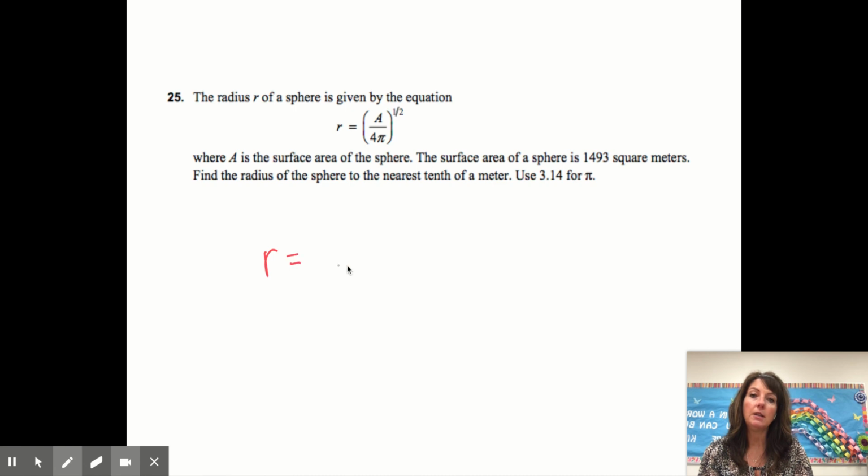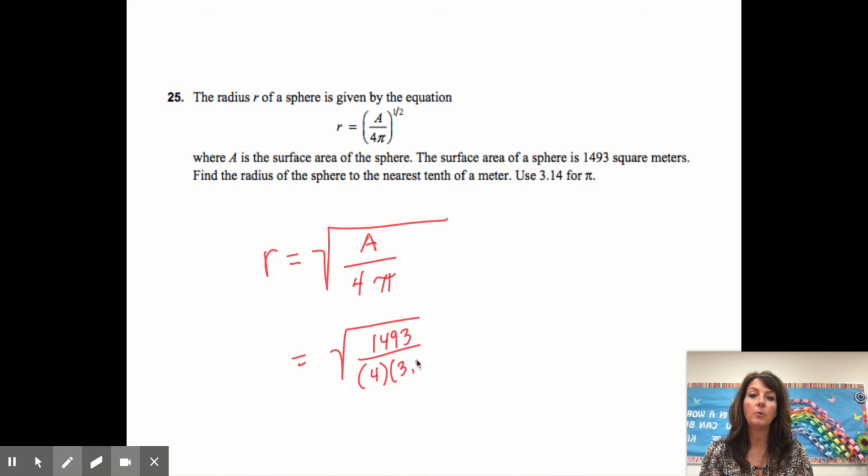So r is equal to the square root of A over 4 pi, which is the square root of 1493 over 4 times 3.14.